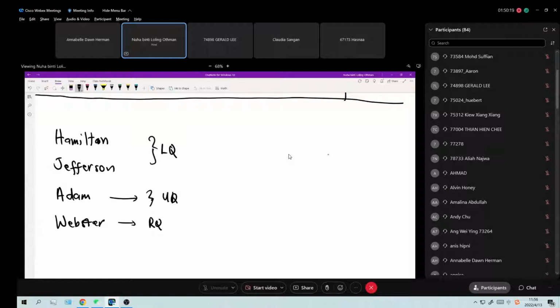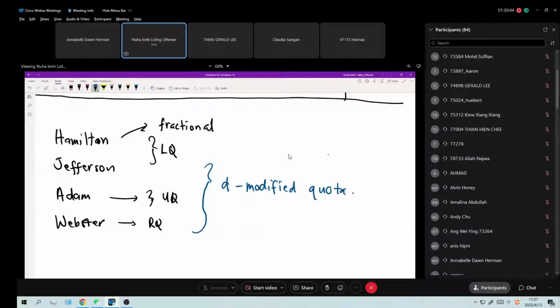But Hamilton has fractional, while for Jefferson, Adams, and Webster, you have D, the modified quota.